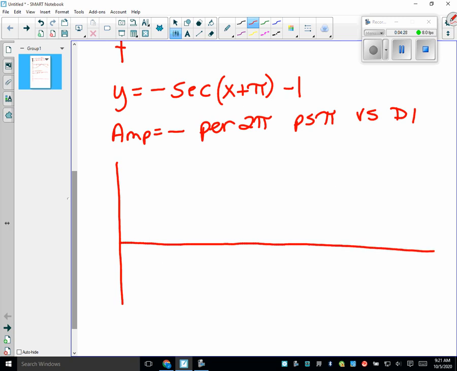So put it in your calculator. What is your window? 0 to 2 pi. What is your scale? Pi over 2. Right? I still don't really understand how to scale the window.